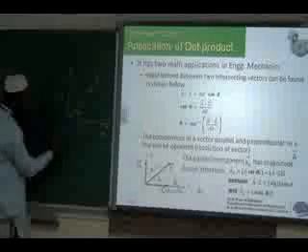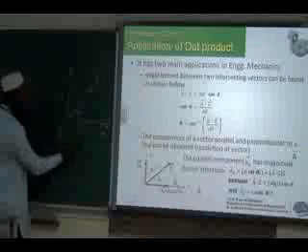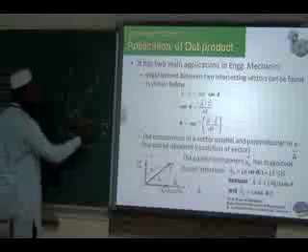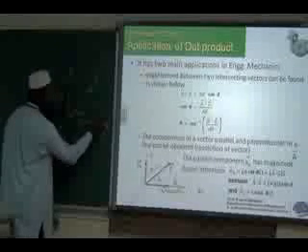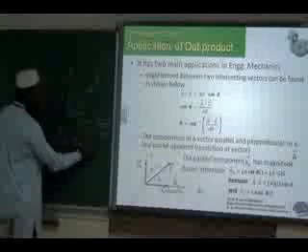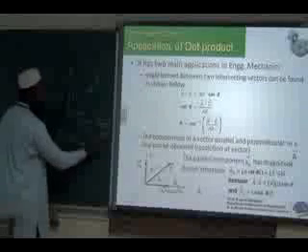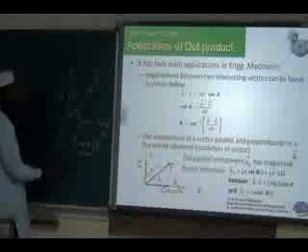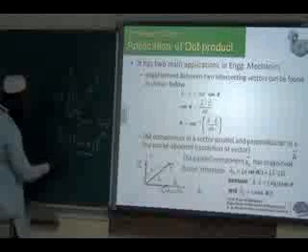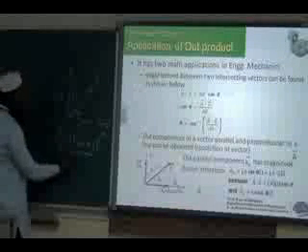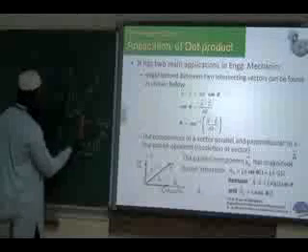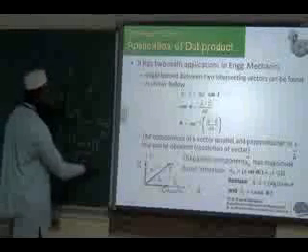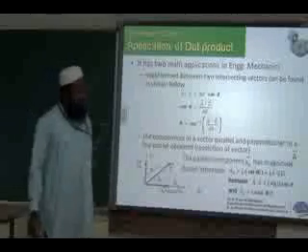The resolved component Fx will be F cos theta. If you consider this is i and this is j, we write it as i. So the vector representation is not altered, whereas this is the scalar part. Similarly, Fy can be written as F sin theta times j vector, unit vector.